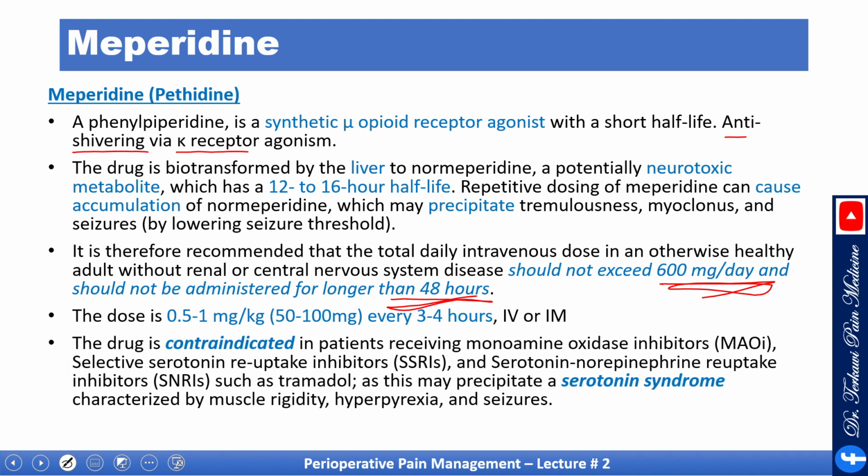The drug is contraindicated in patients receiving MAO inhibitor, monoamine oxidase inhibitor, selective serotonin reuptake inhibitor, SSRI, and serotonin norepinephrine reuptake inhibitor, SNRI, such as tramadol, as this may precipitate serotonin syndrome, characterized by muscle rigidity, hyperpyrexia, and seizure.